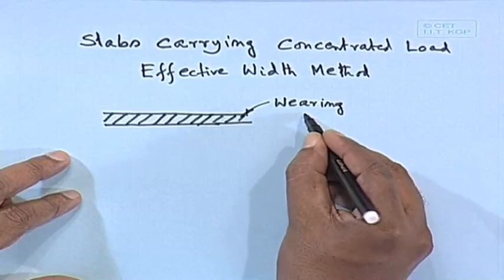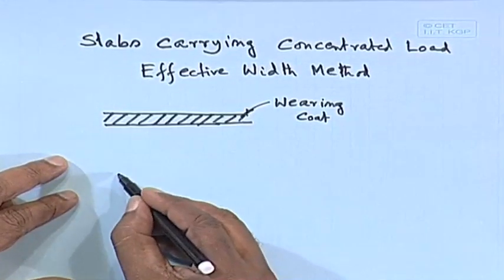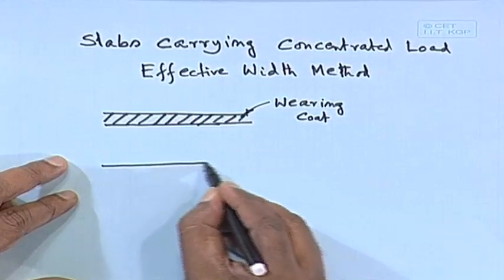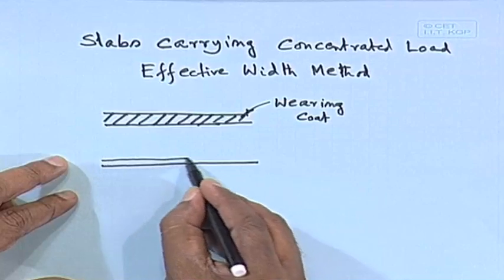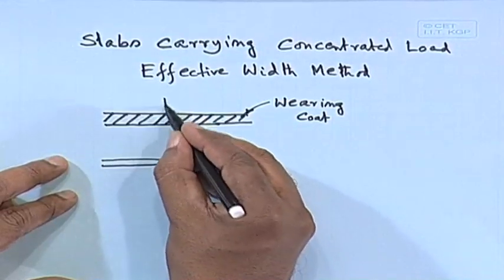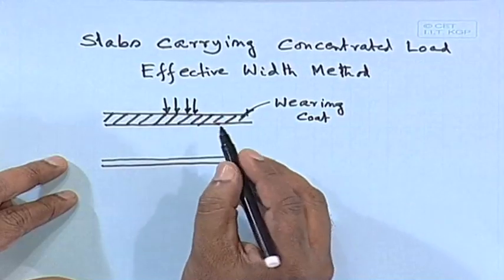This is not reinforced, okay. And then we are having the bridge deck slab. Let us say up to this is the reinforcement, and this is the loading, the concentrated load having a certain area.